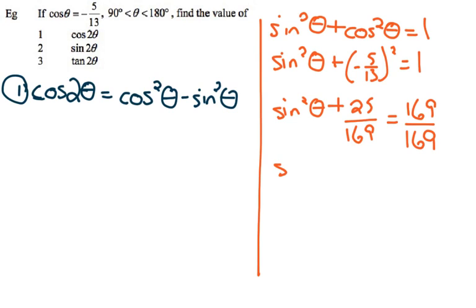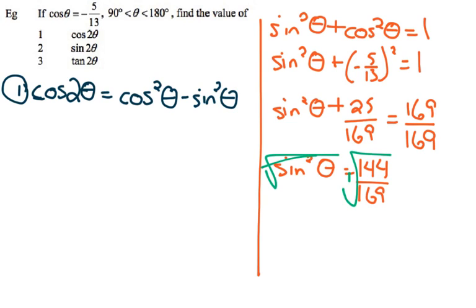Subtract the 25 over 169. Square root, plus or minus, obviously. The good news is we can square root both of these numbers exactly, so we get plus or minus 12 over 13.